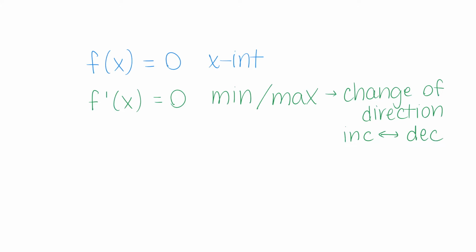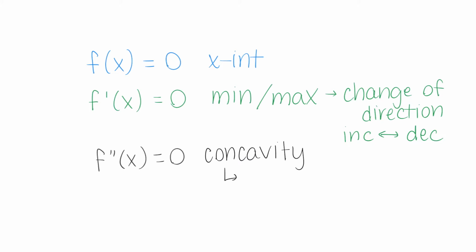And now we know that our second derivative, when that's equal to 0, tells us about concavity, and that is a change in opening up or down. So this is called an inflection point. This is a good thing to write down. All three levels, if you will, of this function play an important role.